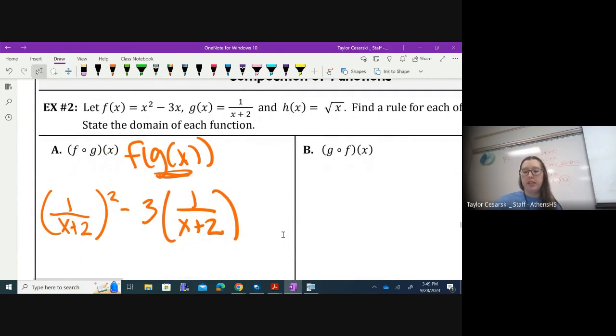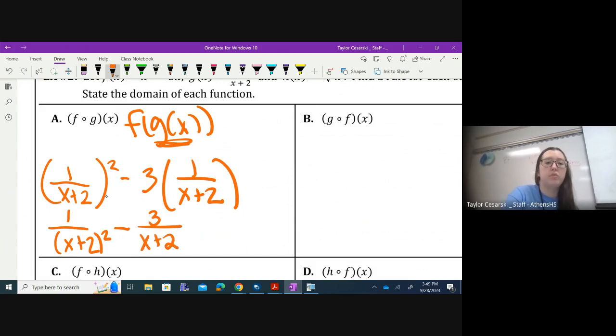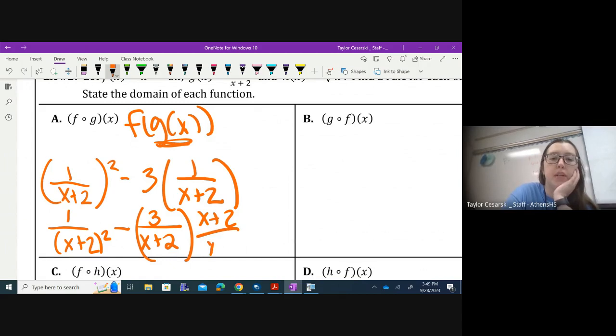Let's go ahead and simplify this. I know if I square this, I square the top, square the bottom. So I get 1 over (x plus 2) squared minus 3 over (x plus 2). I'm going to go ahead and simplify this to get a common denominator. So I'm going to multiply this by x plus 2 on the top and bottom.